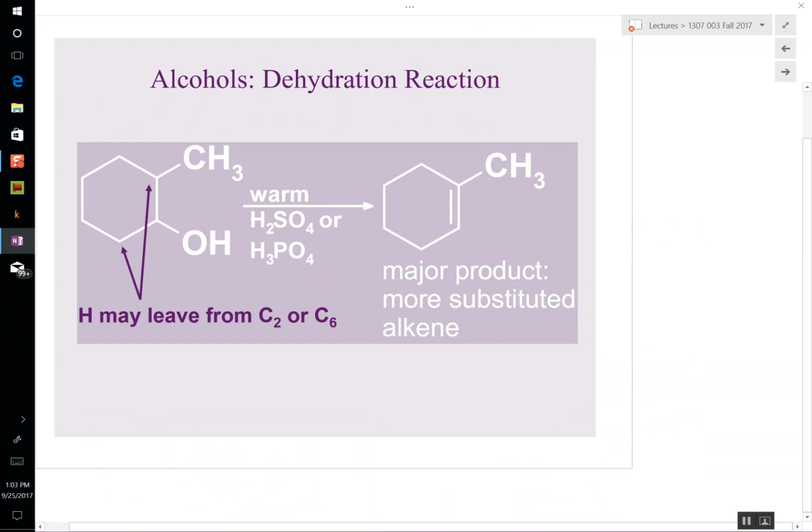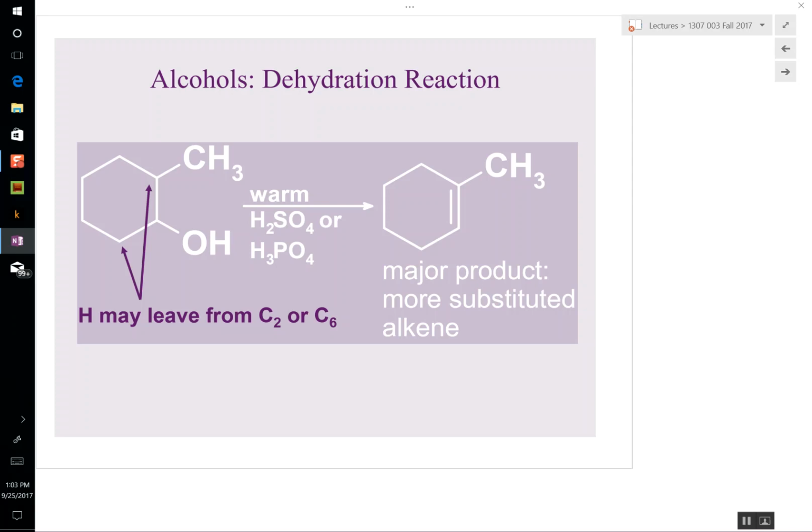Well, here's one more example. Here is a cyclical alcohol, but it is substituted here. Without the methyl group there, that would be cyclohexanol. So we have 2-methyl cyclohexanol. This would be carbon number 1, carbon number 2.